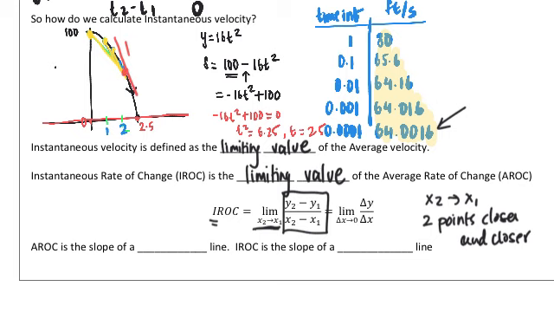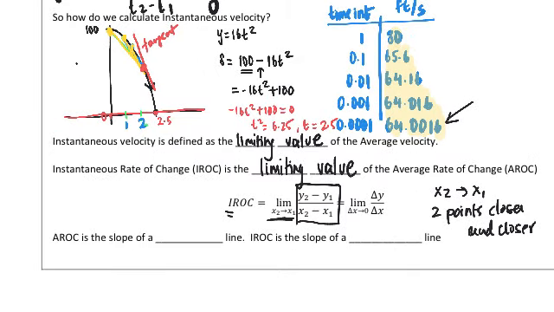A tangent line is a line that just touches a curve at one point and goes in the direction of the curve. The secant line is the line that connects 2 points on the curve. So we can see that the AROC graphically is the slope of a secant line, and the IROC is the slope of a tangent line, right? So that's also a very important takeaway.